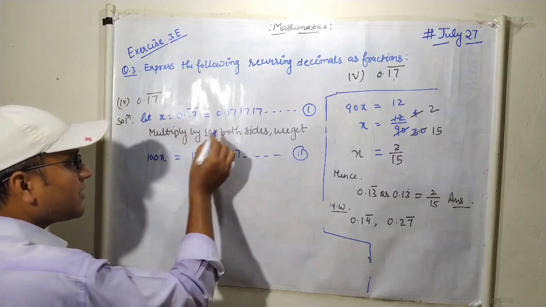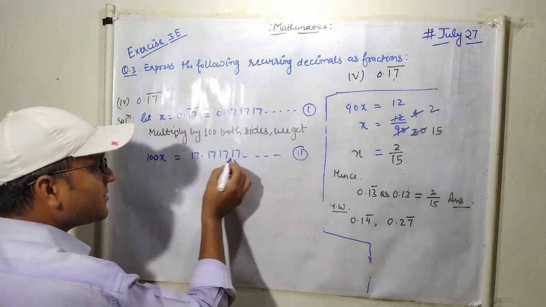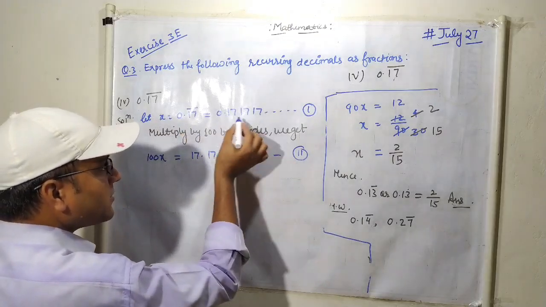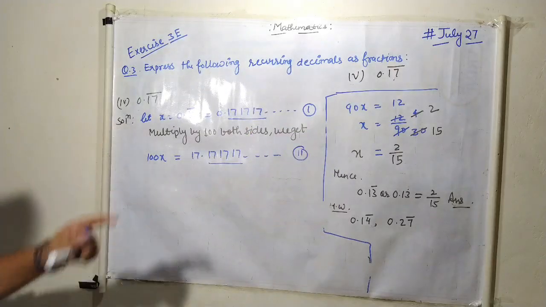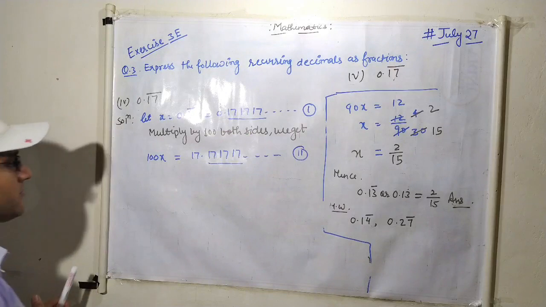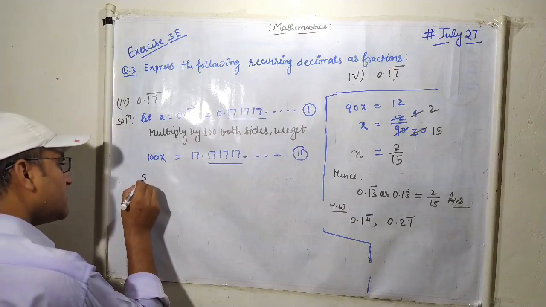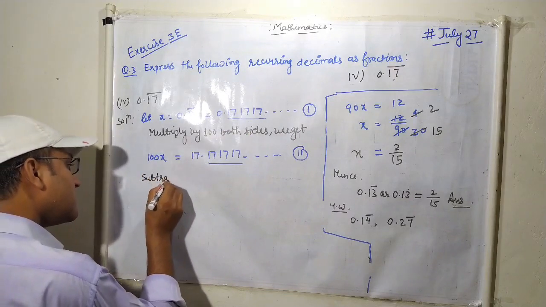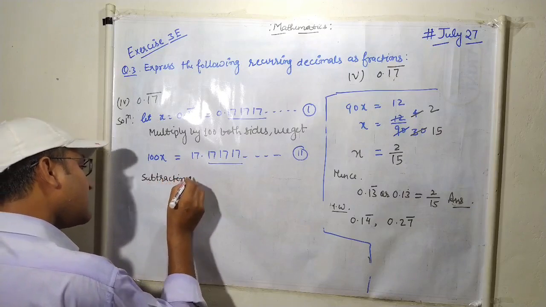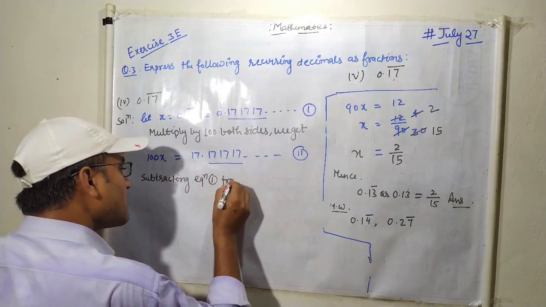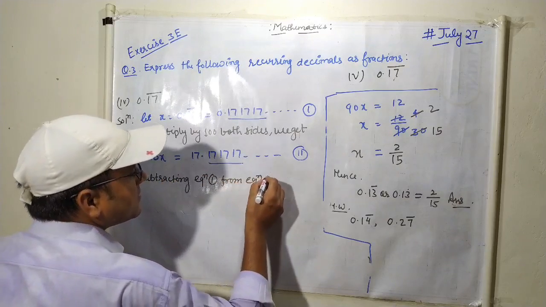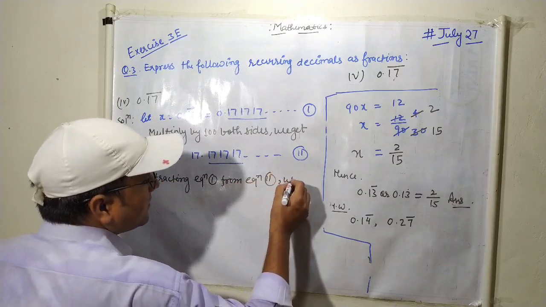See in your equations, 17 is there, 17 is there, meaning the right side after the decimal point is equal. Then you will subtract equation 1 from equation 2. Subtracting equation 1 from equation 2, we get.